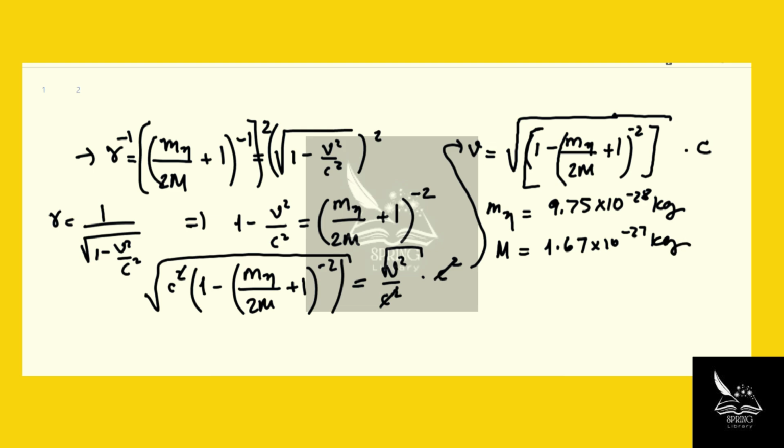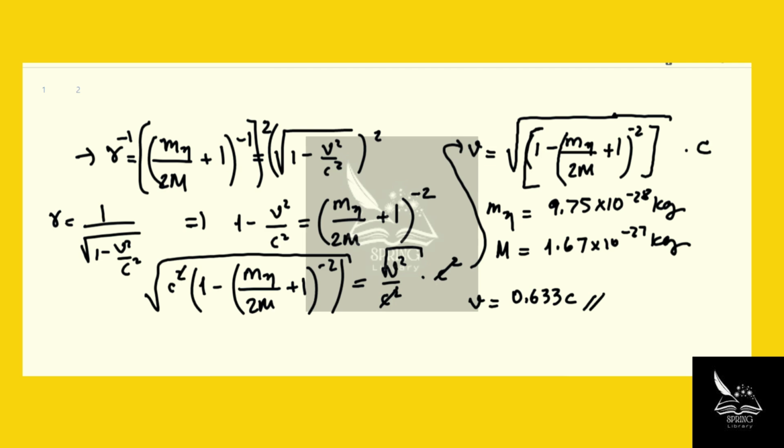And plug everything back in this equation, you're going to see that the speed is going to be equal to 0.633 times the speed of light in this case. So this is the speed of each proton initially before the collision, right?